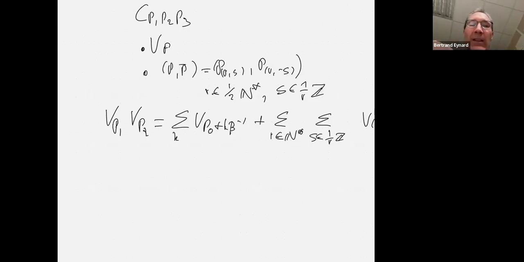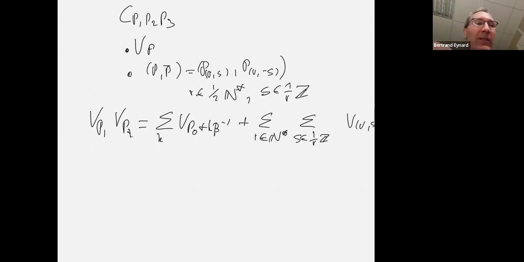Now, the real puzzle is why C P1, P2, P3 appears. Because in critical loop models, we have the degenerate field V(1,2), but we certainly don't have V(2,1).